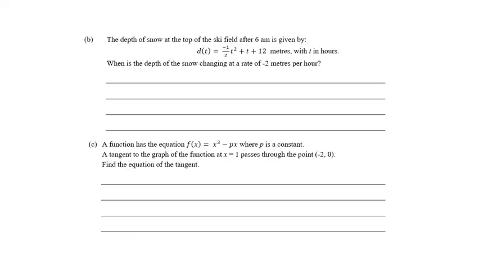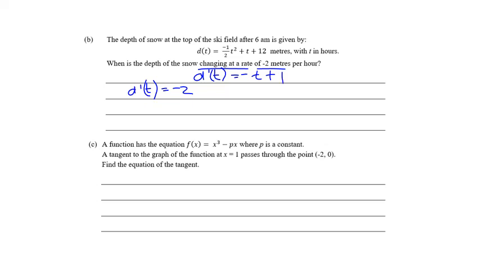B, again, relatively straightforward in terms of the algebra required. The depth of snow is that after 6 a.m. What is the depth of snow changing at a rate of -2? So that's just saying when d dash t is -2. If I differentiate that, I get -t plus 1.